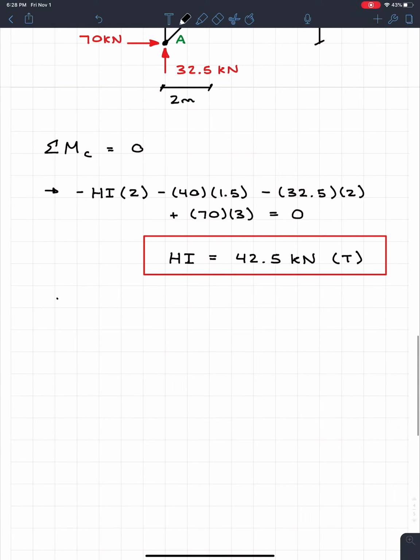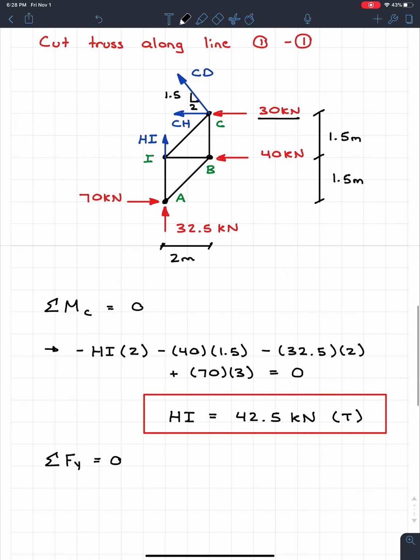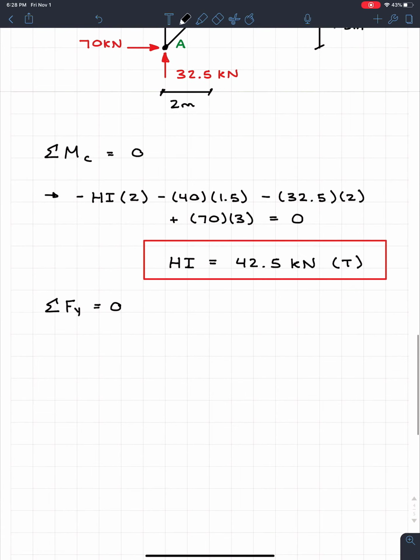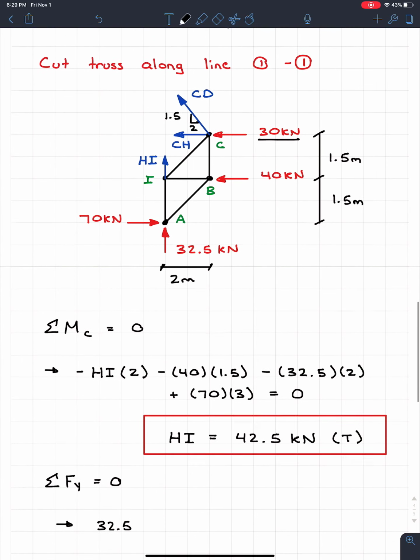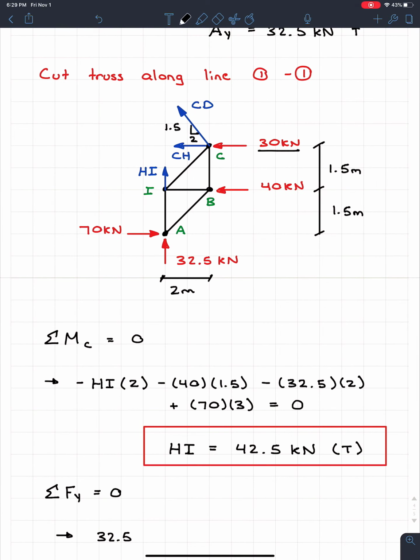So if I'm doing the sum of the forces in Y is equal to 0, then I look up, I got AY at the bottom, which is that 32.5. So I'm just going to come down here, and I got 32.5 going upwards. I got a lot of lateral loads, so those won't create anything.